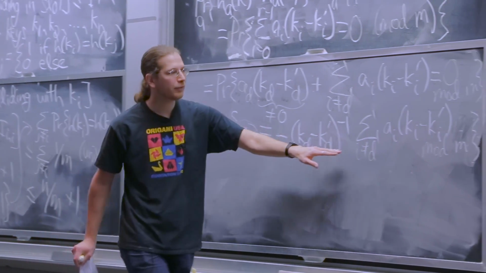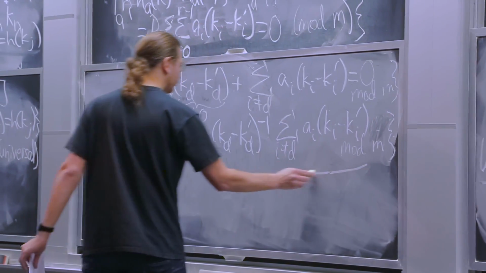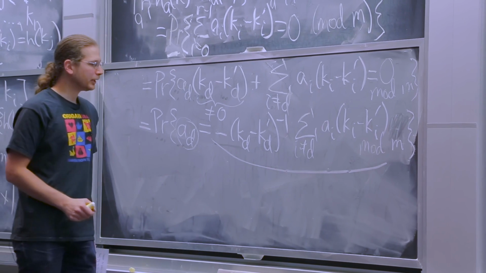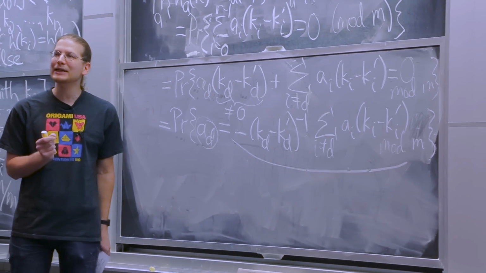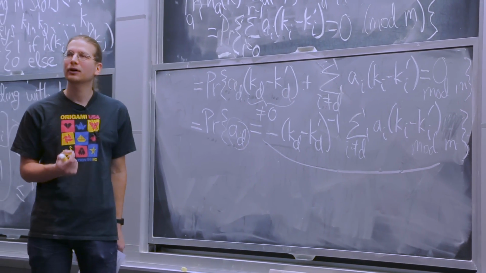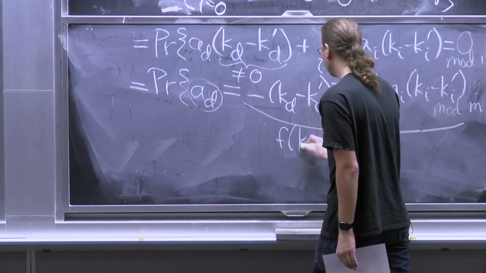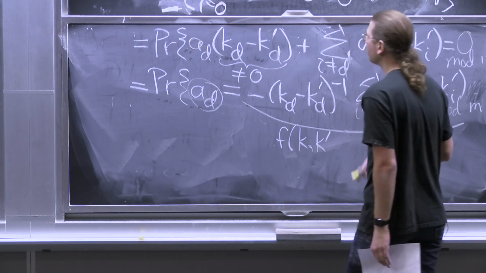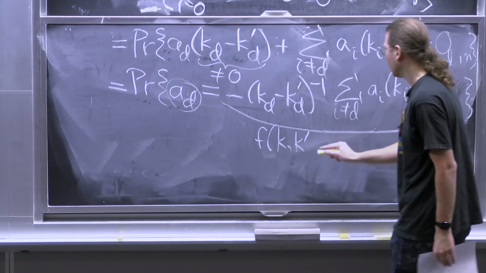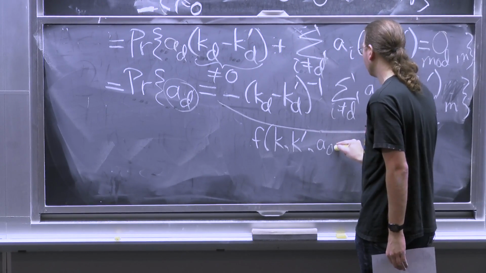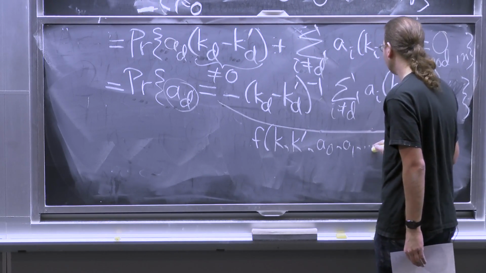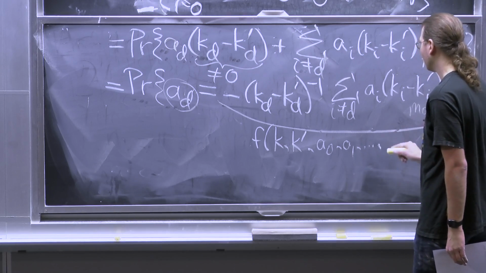And here we have this monstrosity, but it does not depend on AD. In fact, it is independent of AD. I'm going to write this as a function of k and k prime, because those are given to us and fixed. And then it's also a function of a0 and a1, everything except d.